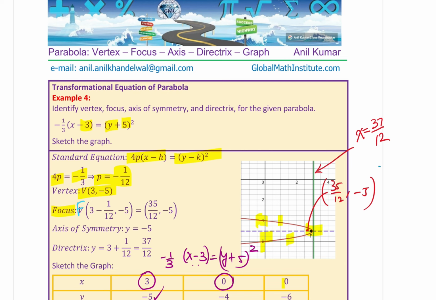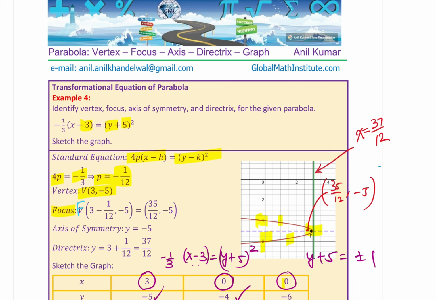You could also look into x as 0. If I substitute x as 0, then I get here minus times minus is plus 1. The square root of plus 1 is plus and minus 1. And so we get plus and minus 1 equals y plus 5.